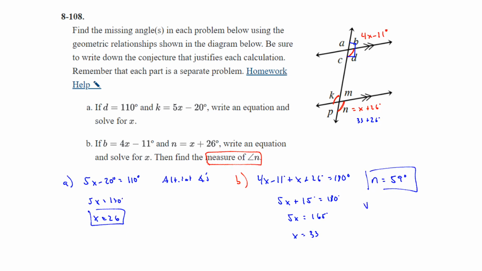We used vertical angles. We also potentially used alternate interior angles. And these are both congruent or equal in measure. And then we ended up using the straight angle, and straight angles are supplementary. So, a combination of those things.